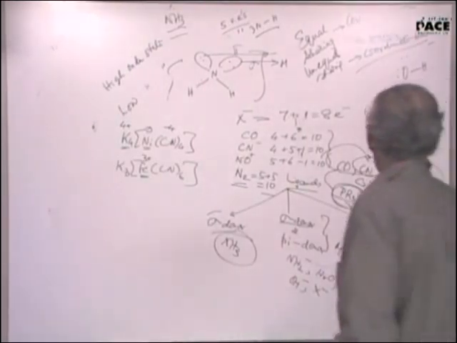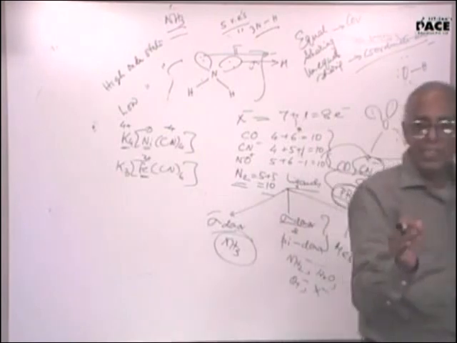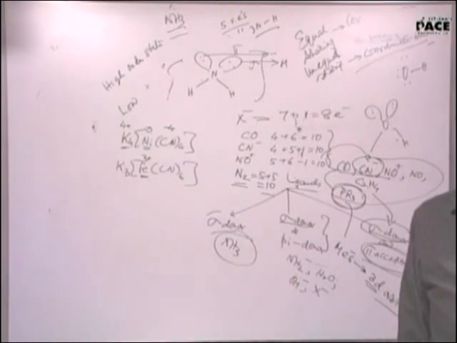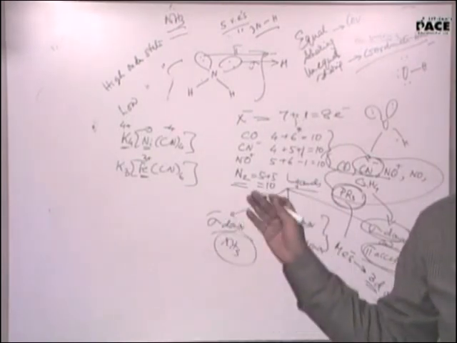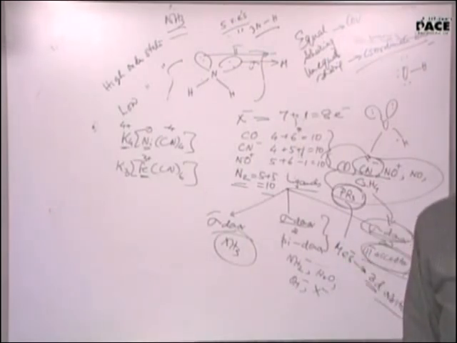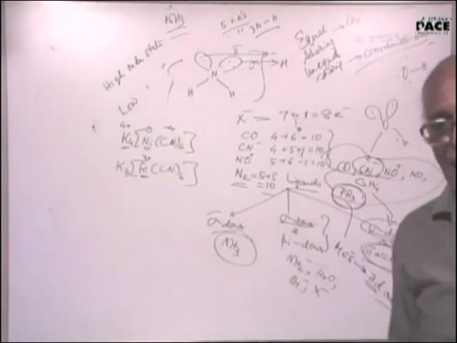Whereas these only will stabilize the lower oxidation state of the metal, because they are either neutral or positive charge, so electron density is less. So it can stabilize only the metal when it is electron rich to give the electron back to the ligand.